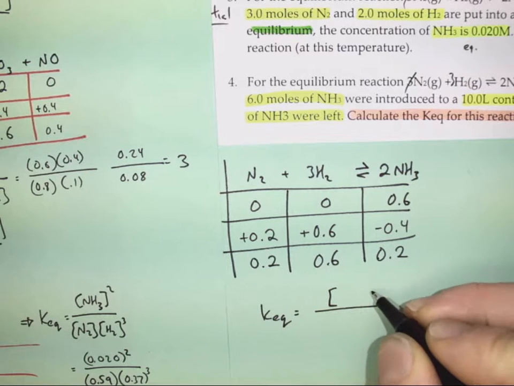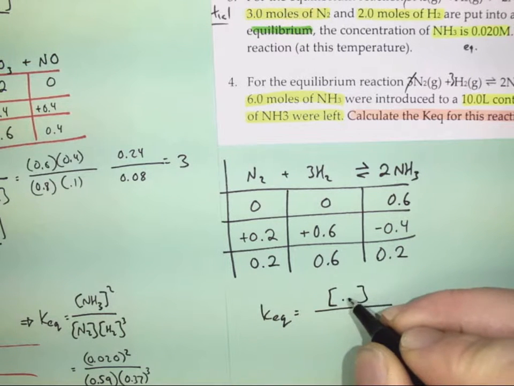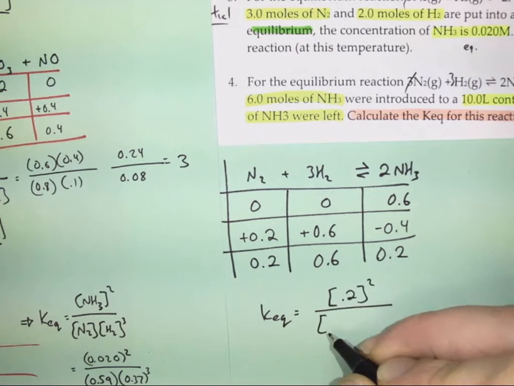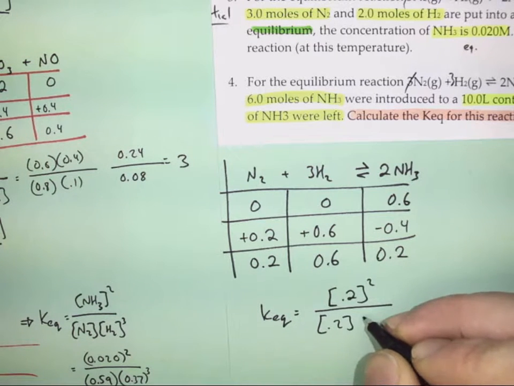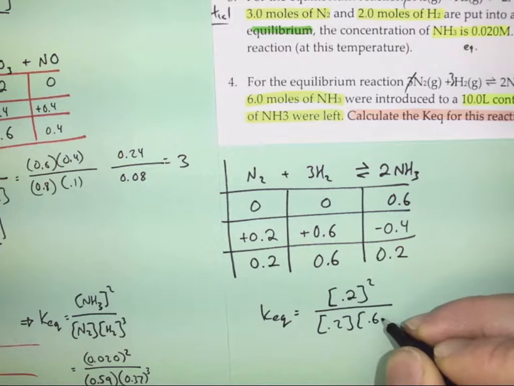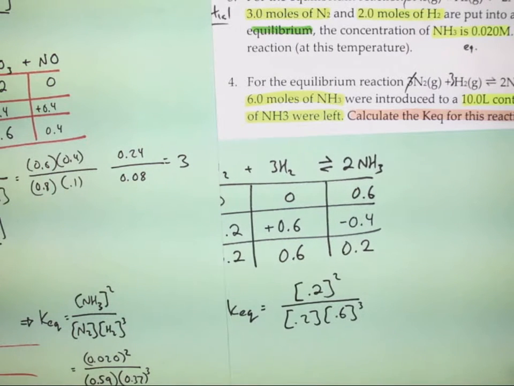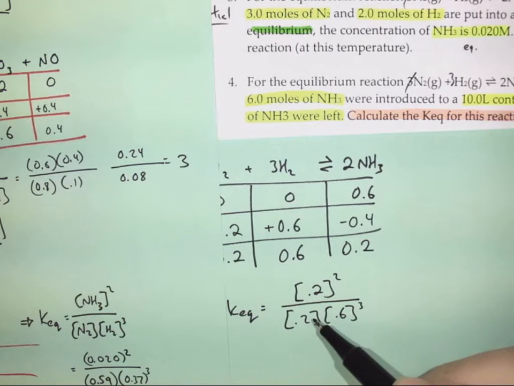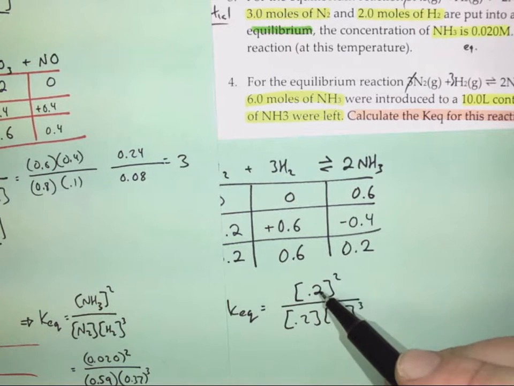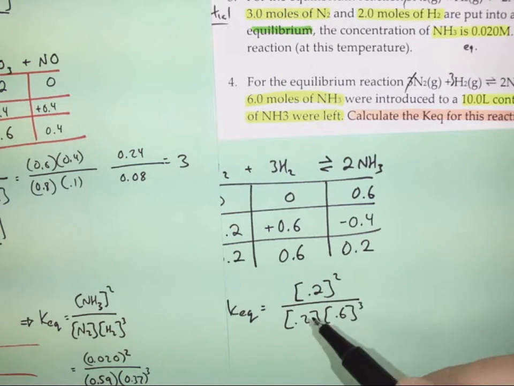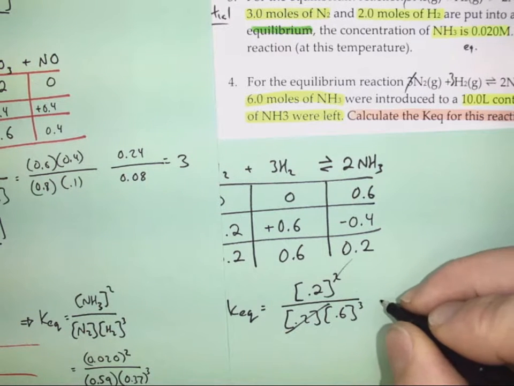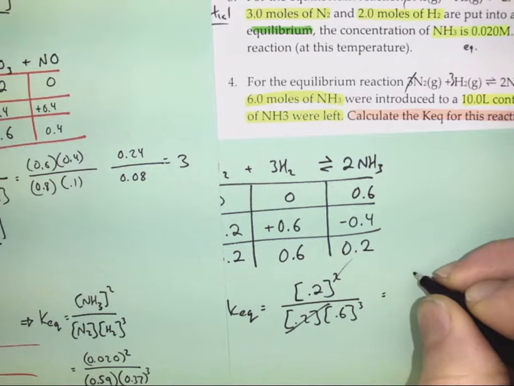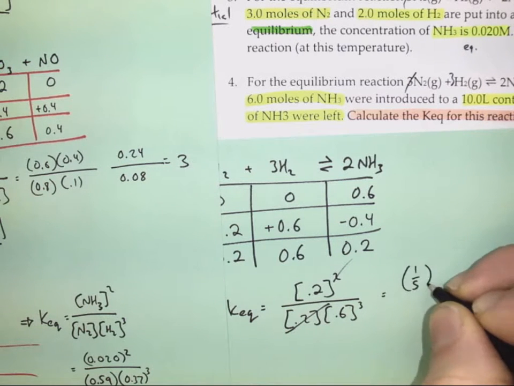Okay. Ammonia is 0.2 squared over 0.2 times 0.6 cubed. Okay. This is something I think I could probably do comfortably without much help from a calculator. So this is 0.2 squared, which is 0.2 times 0.2. Means I can cross out these terms. And then I've got 0.2, or a fifth, on the top.